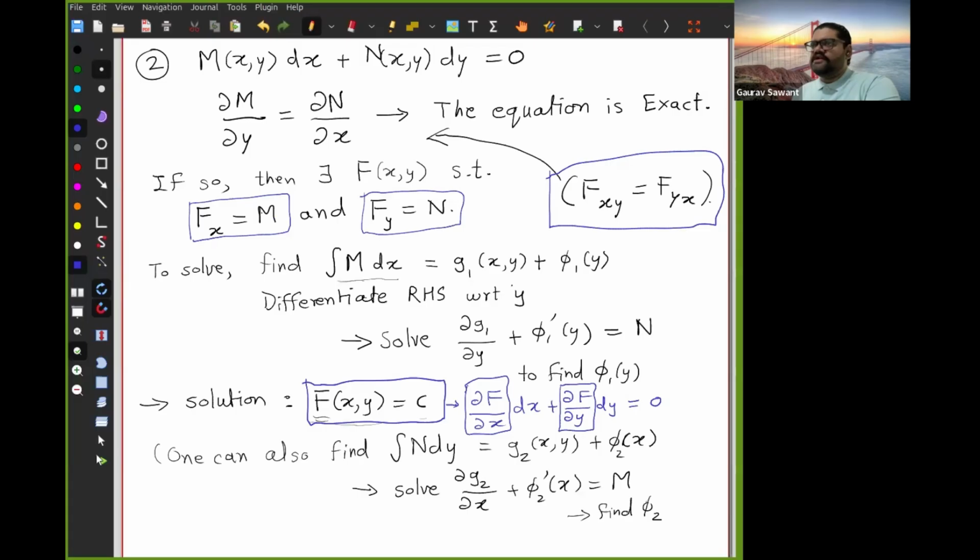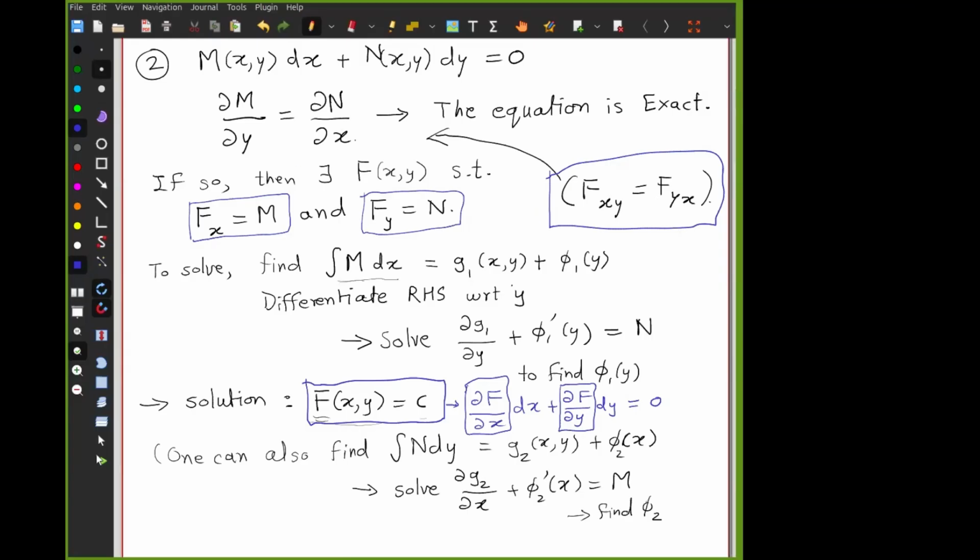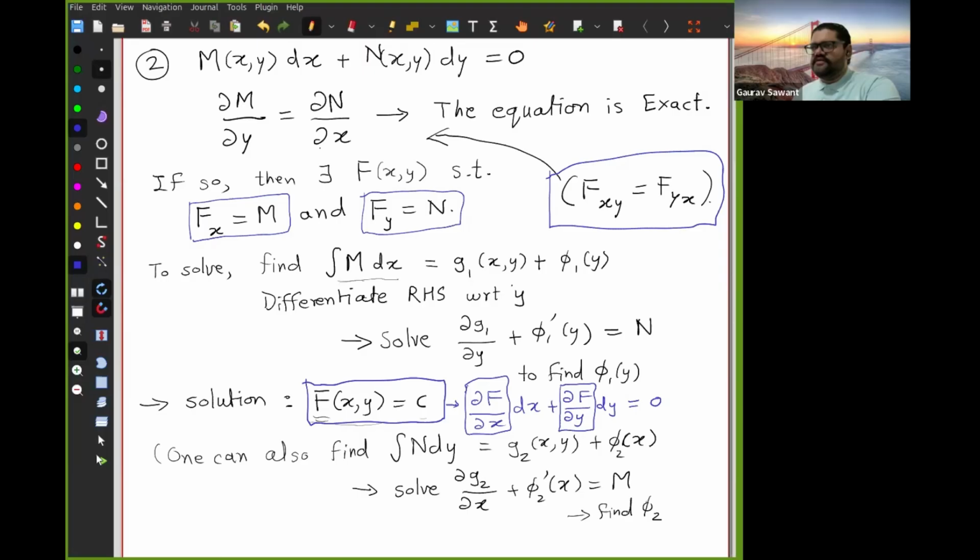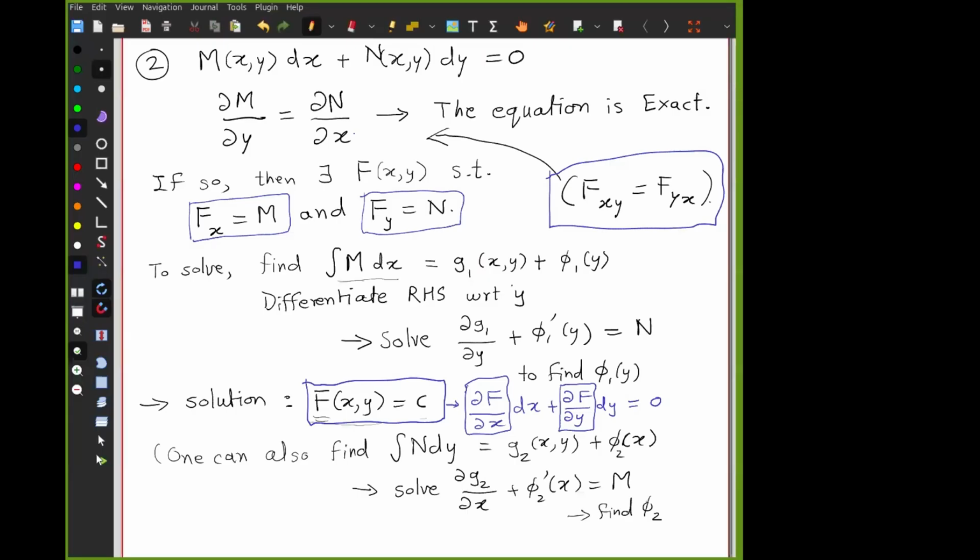So when I take the partial derivative of M with respect to y and of N with respect to x, I should get the same thing. And that is exactly where the exactness started. Once that happens, then you can just do the respective integration and thereby get the answer. Okay, sir, got it.